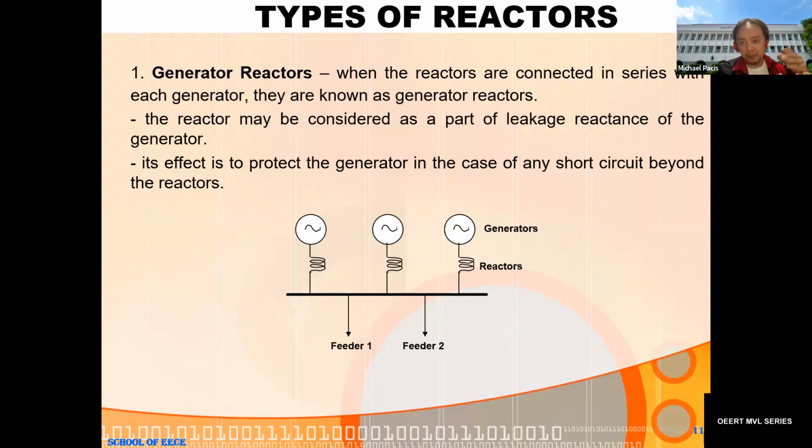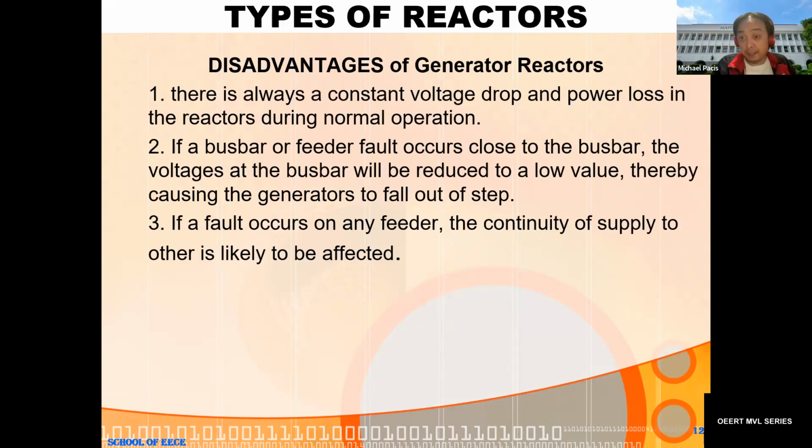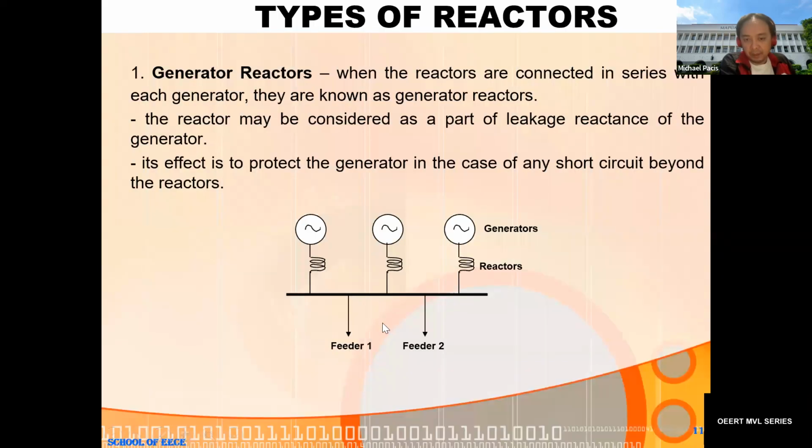But again, this is just an alternative for the design. Okay, so the number one objective here is to protect the genset. These are the disadvantage of that. And constantly there will be a voltage drop. Dahil may voltage drop ka dito bago ka pumunta until you reach your feeder.